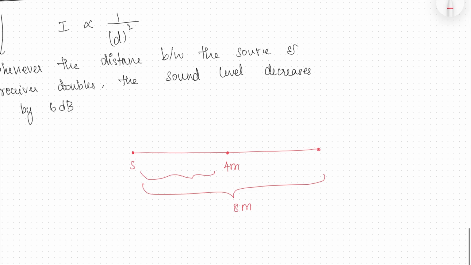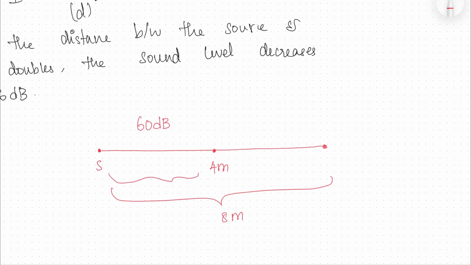They're telling you the sound level from the point source at 4 meter is, let us say, 60 decibel, and they're asking you to find the sound level at 8 meters. The distance doubles, so your sound level decreases by 6 decibel. So 60 minus 6 is equal to 54 decibel.